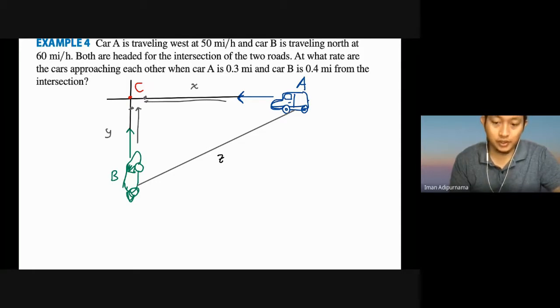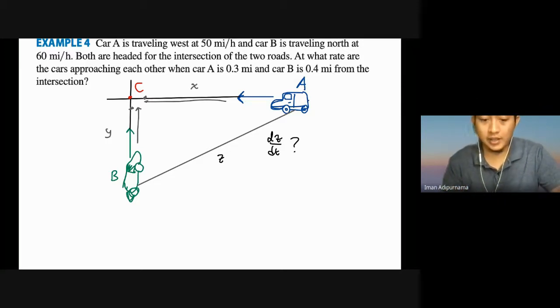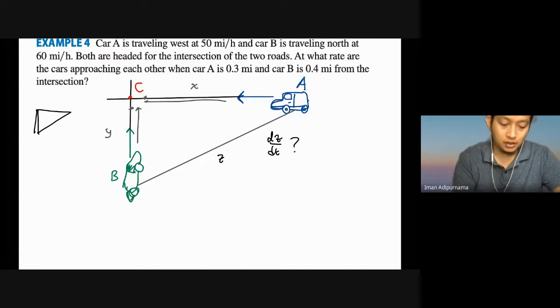Okay, so we need to find dz/dt, because the question is requesting finding the rate of the cars when they both approach each other, when car A is 0.3 miles and car B is 0.4 miles from the intersection. So we need to find, where this is 0.4, this is 0.3, we need to find this rate, dz/dt.